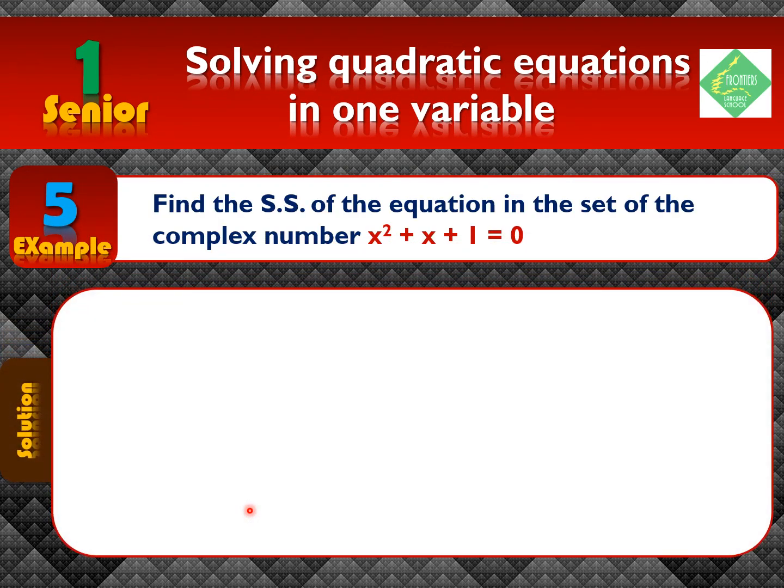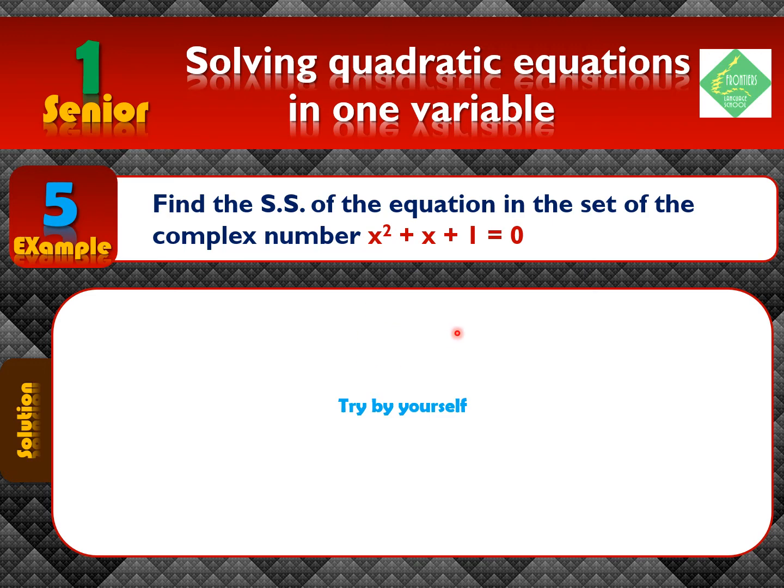Example 5. Find the solution set of the equation in the set of the complex number. This one is try by yourself; you will solve it and I will review it with you in the class, but I will give you the idea. x squared plus x plus 1. Can I factorize? No, I can't. Can I solve by the general formula? Yes, I can.